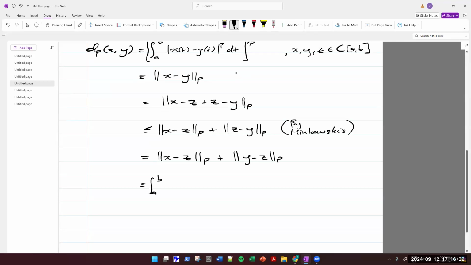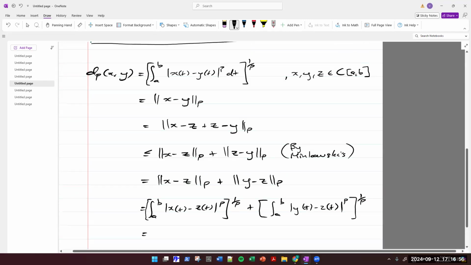So this is just the integral from a to b of the modulus of x of t minus z of t, p raised to the power of 1 over p, plus the integral from a to b of y of t minus z of t, p to the power of 1 over p.